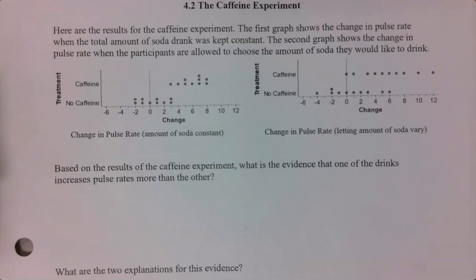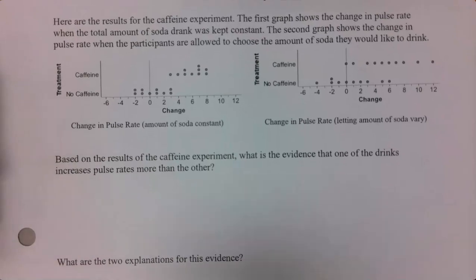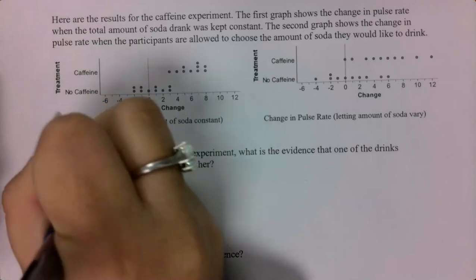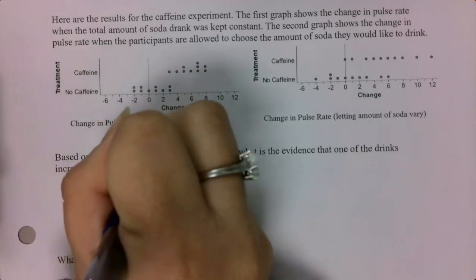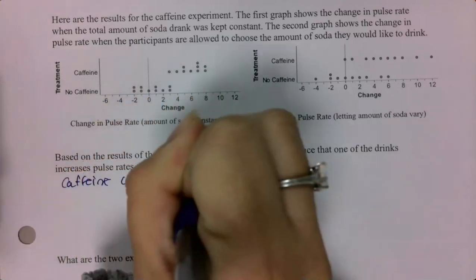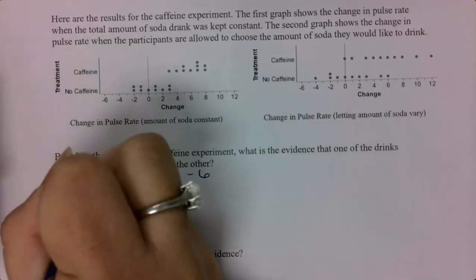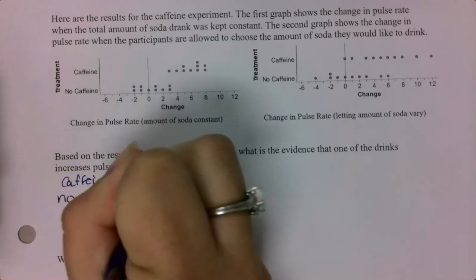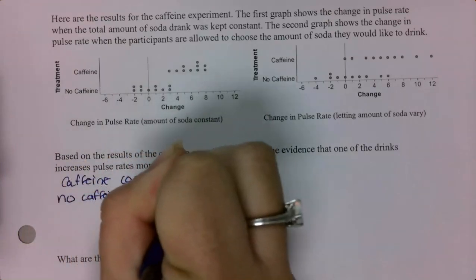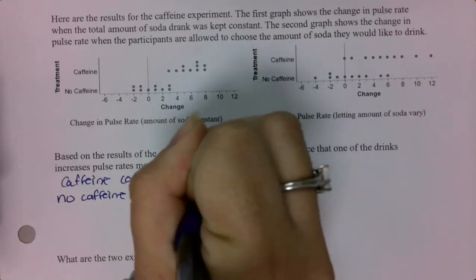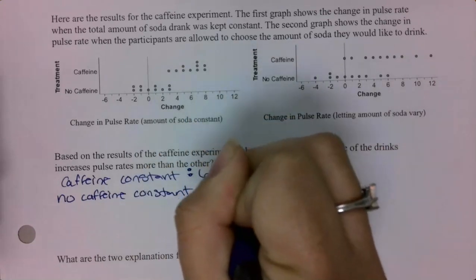Okay, so what did you guys get for the average for caffeine with constant? 6. Okay. And no caffeine constant? 44. I should use bullets. Okay.